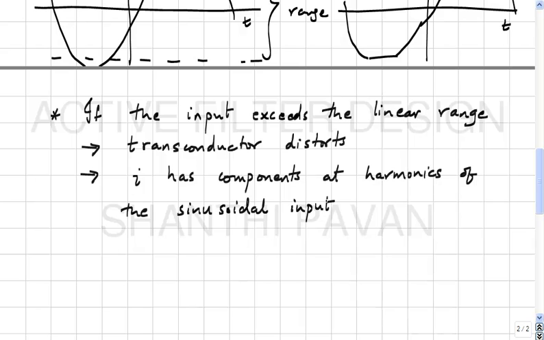Okay. So, if you do not want distortion, what is the moral of the story? You should make sure that at no point in time the input to the transconductor exceeds the linear range. Now, the linear range in our case is very cleanly defined, right?